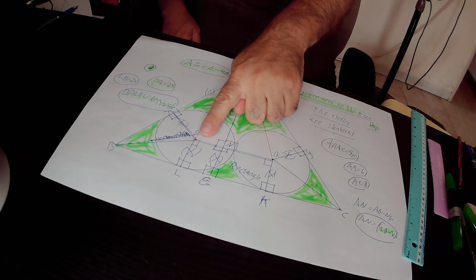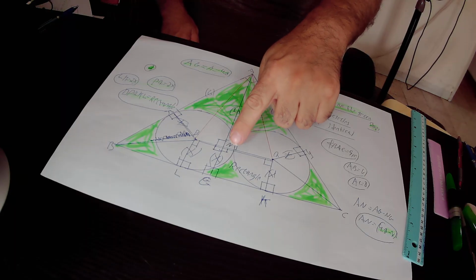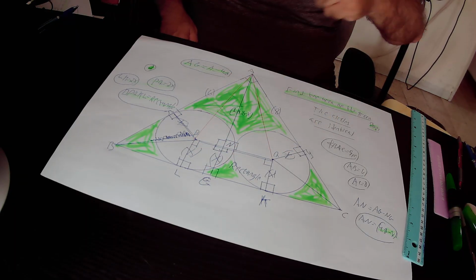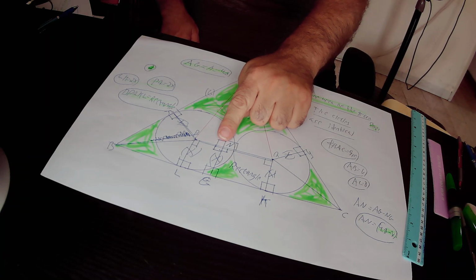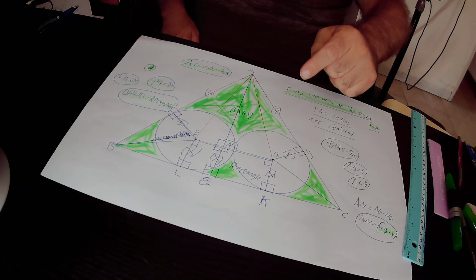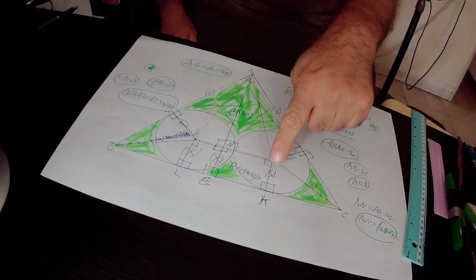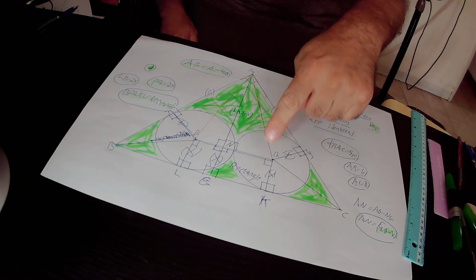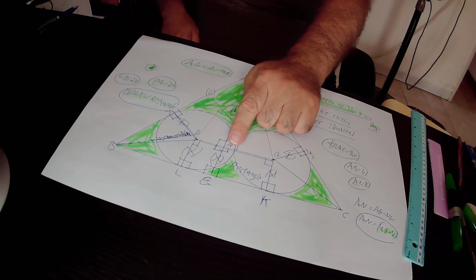All of its angles are right angles. So again, in the small quadrangle PNGL, we have 1, 2, 3 right angles, and therefore this fourth angle must also be equal to 90 degrees. Likewise, in the bigger quadrangle NQKL, we have 1, 2, 3 right angles, and therefore the fourth angle again must be equal to 90 degrees.